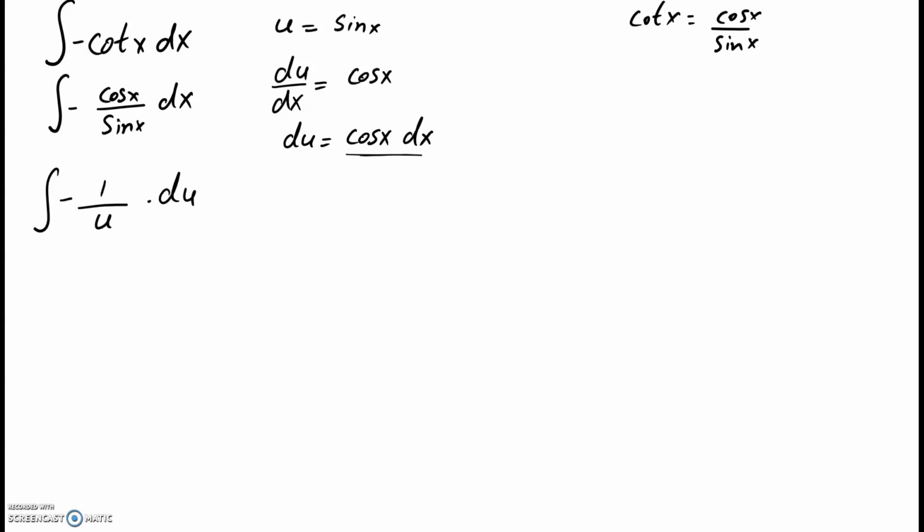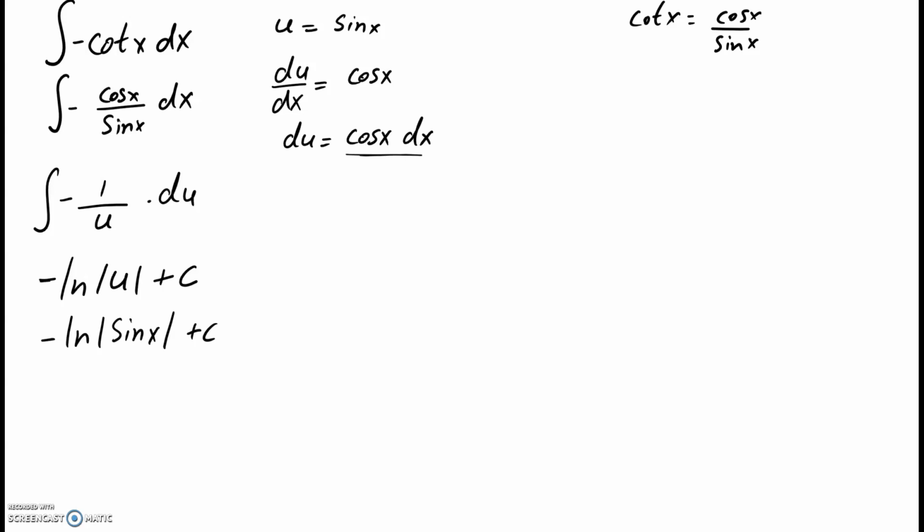We know the integration of 1 over u is ln absolute value of u, keep your negative sign, plus c. But our question is in the form of trigonometric functions, so I will substitute the u value back into the expression, which is negative ln absolute value of sin x, plus c.